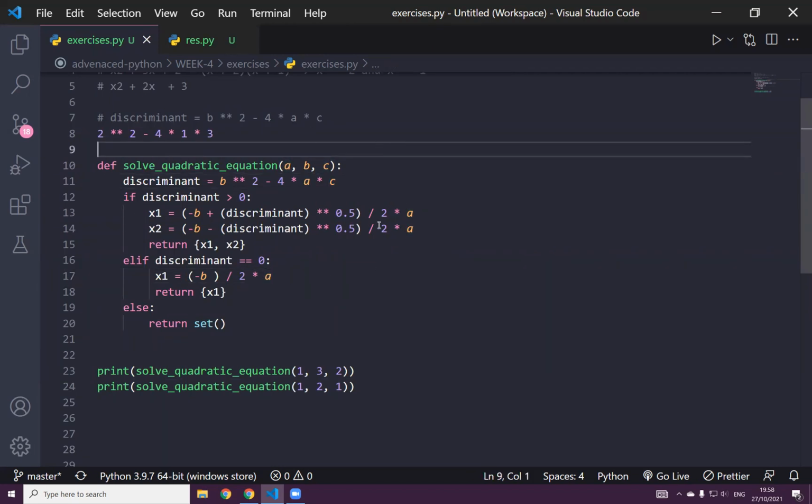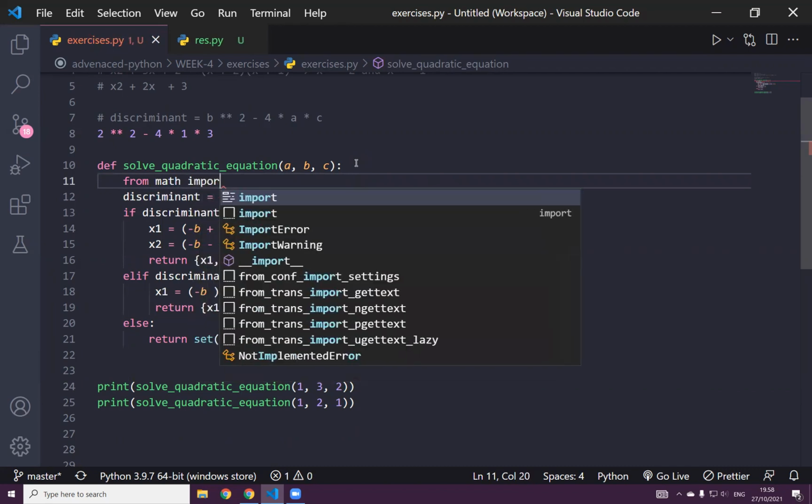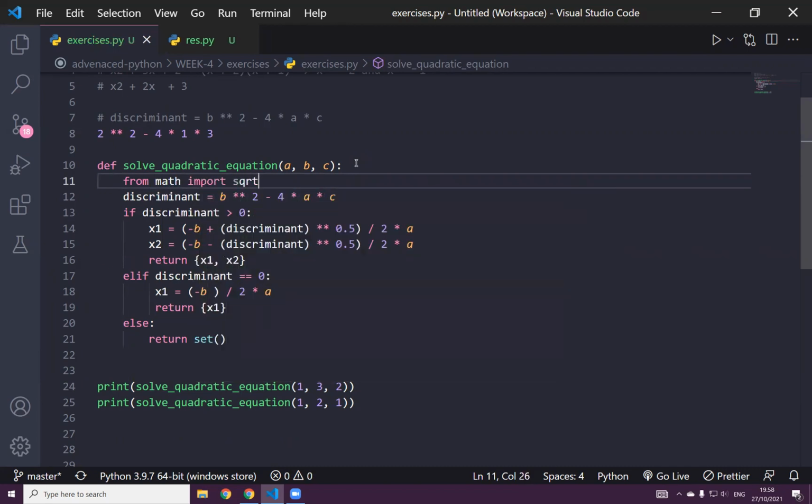As you guys mentioned also, you can use this 0.5, or you can also use import from math. From math import sqrt.